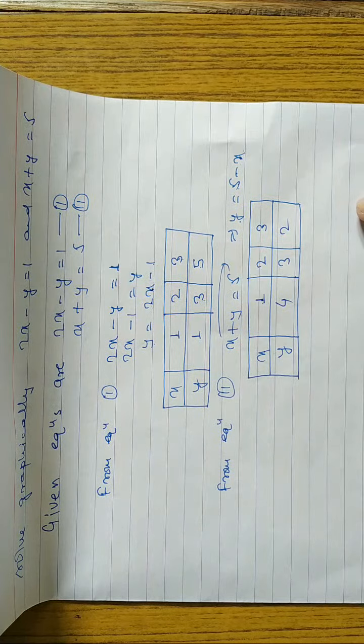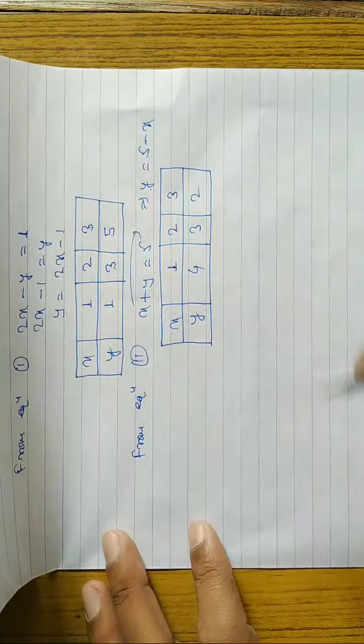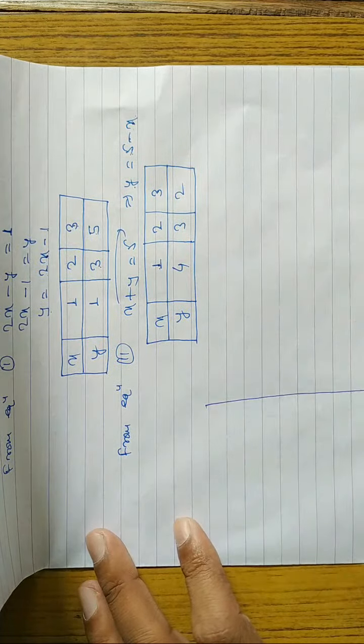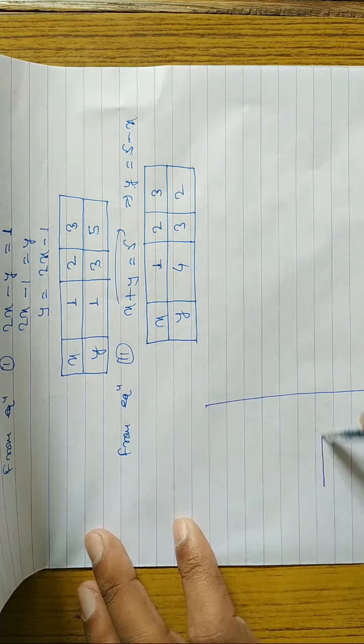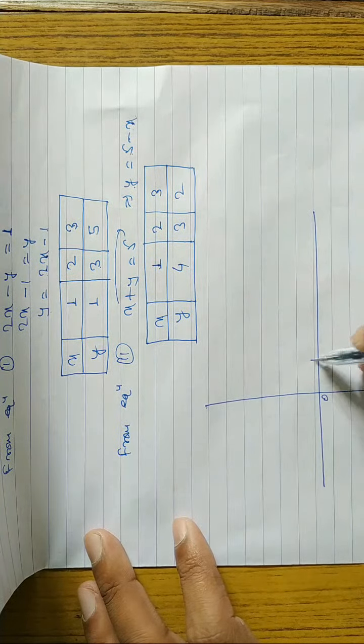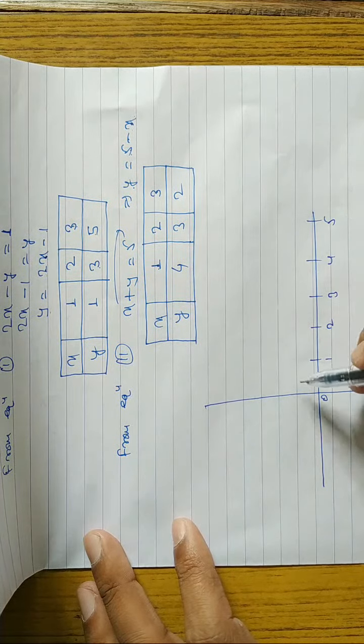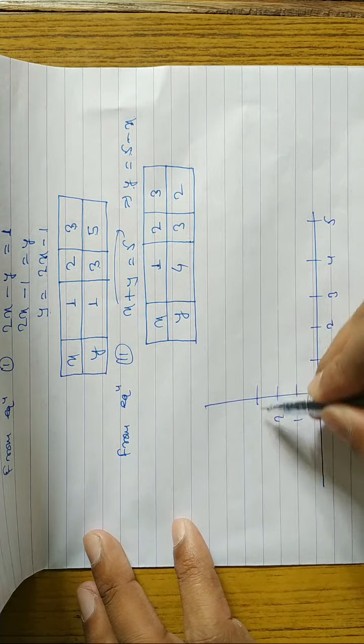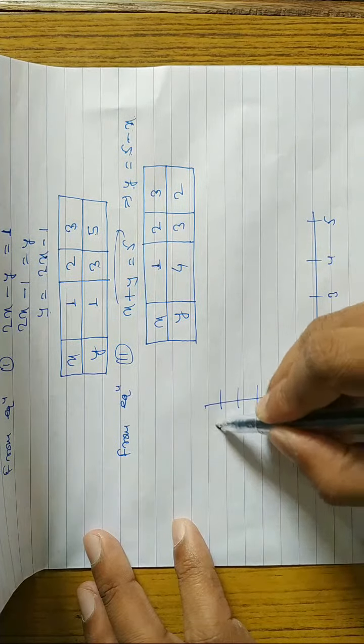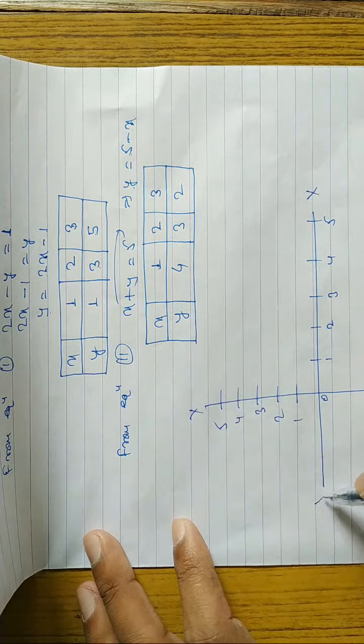Now look at here how to show it in a graph. We have to draw in this way. 1 2 3 4 5, 1 2 3 4 5. This is the y-axis, this is the x-axis, this x dash, minus 1, minus 2, minus 1, minus 2, this y dash.